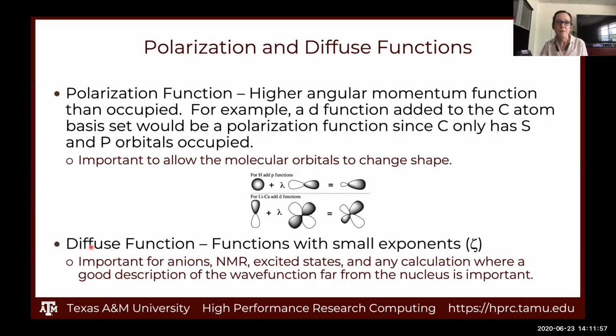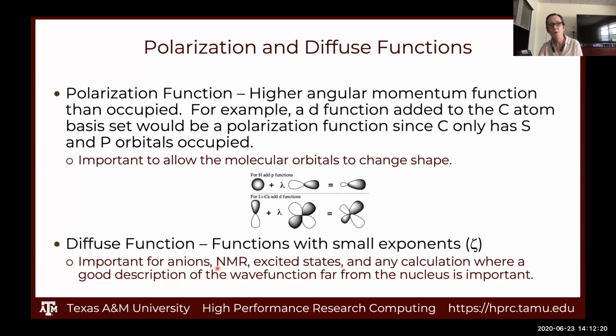Another type of function is something called a diffuse function. Diffuse functions are functions with a very small exponent. So remember our description, our Gaussian type orbitals have that e to the minus zeta r squared, okay? A diffuse function would have a very small exponent, which means it would tail off very far from the atom center, okay?